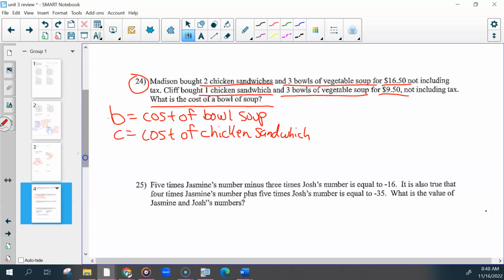If you're given 6 numbers, you're going to be using all 6 numbers in the format ax plus by equals c. So I can say 2c plus 3b equals 1650. And then 1c plus 3b equals 950.